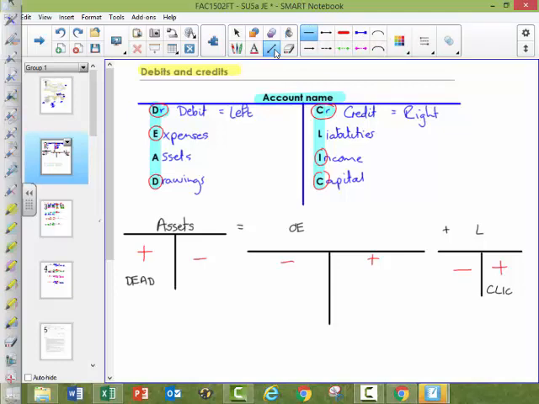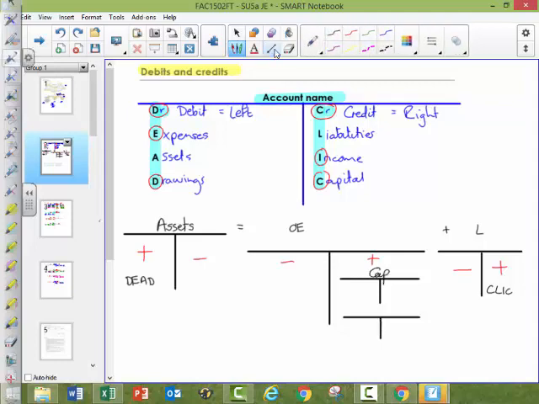All right, so let's go into that a little bit further. We said capital will increase equity. Income increases equity. Capital and income both fall under CLIC. So to increase capital, you will credit. Liabilities, income, and capital, and to decrease it, you will debit.